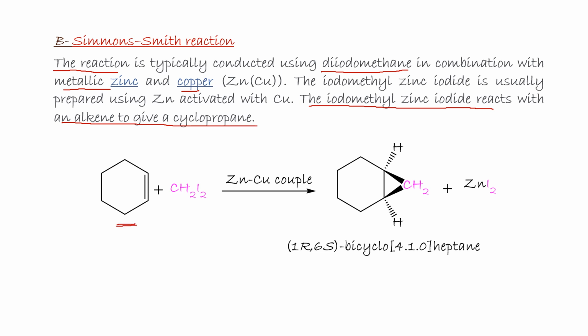Starting with cyclohexene, diiodomethane and zinc-copper couple led to the formation of the bicyclo[4.1.0]heptane bicyclic system, where we create here the cyclopropane.